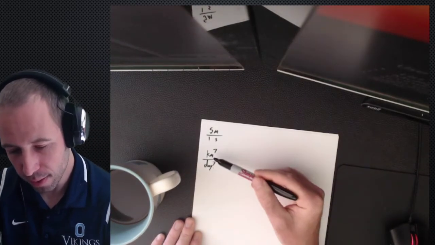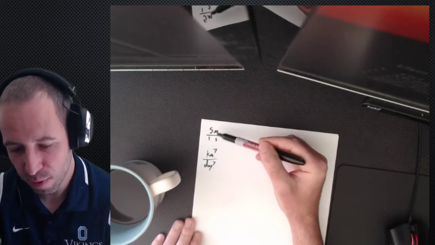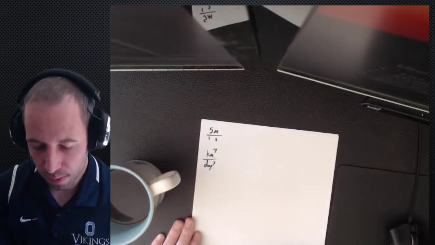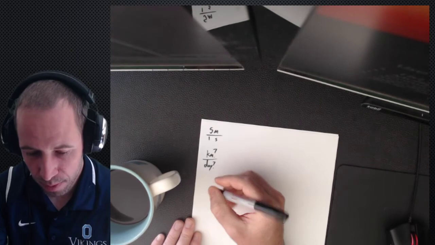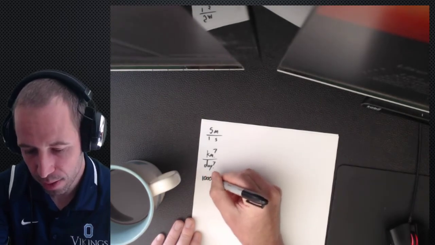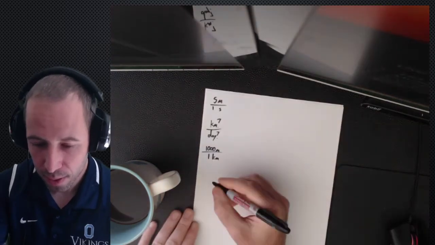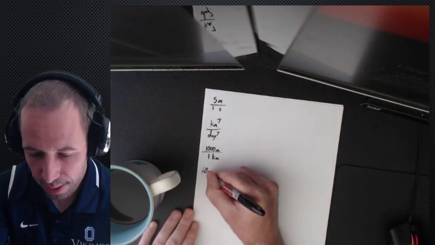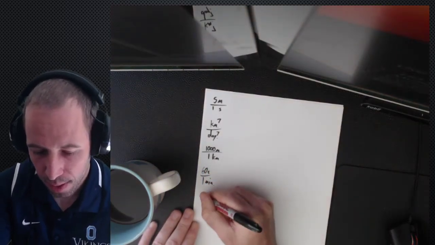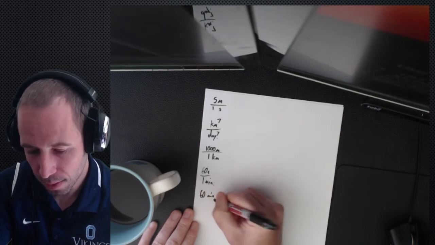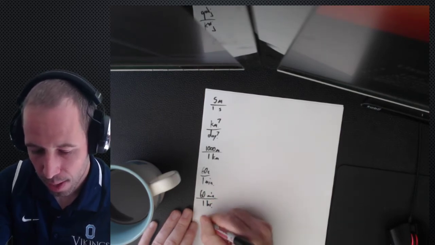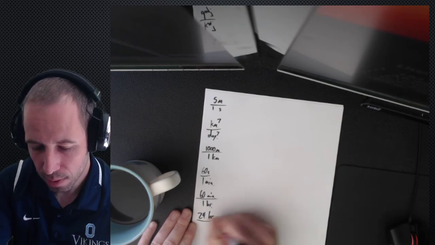So then my goal is to get to kilometers per day instead of meters per second. Well, first of all, meters to kilometers, kilo means 1,000, so there are 1,000 meters in every kilometer. Another idea that I know is that there are 60 seconds in a minute, and there are 60 minutes in an hour, and there are 24 hours in a day.